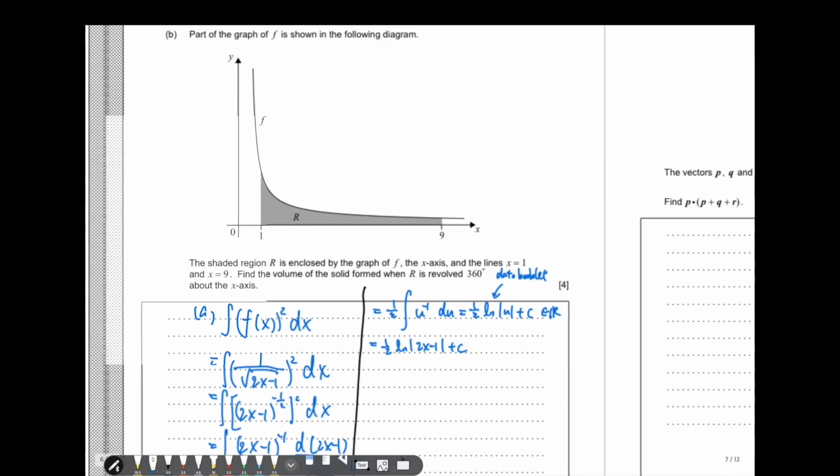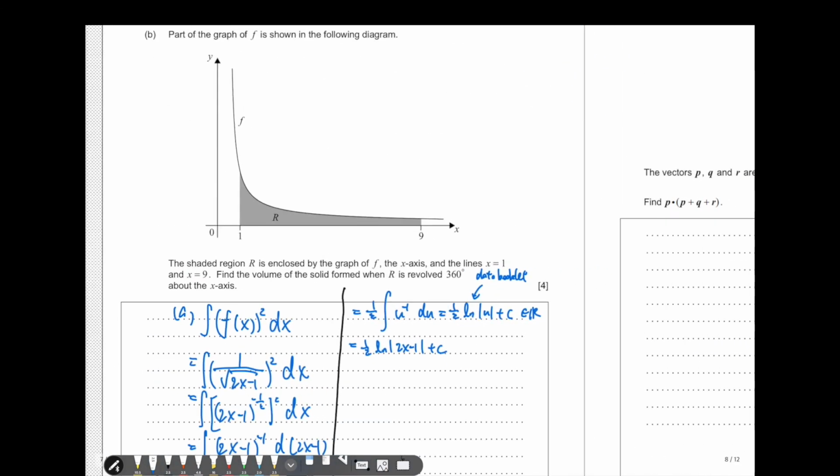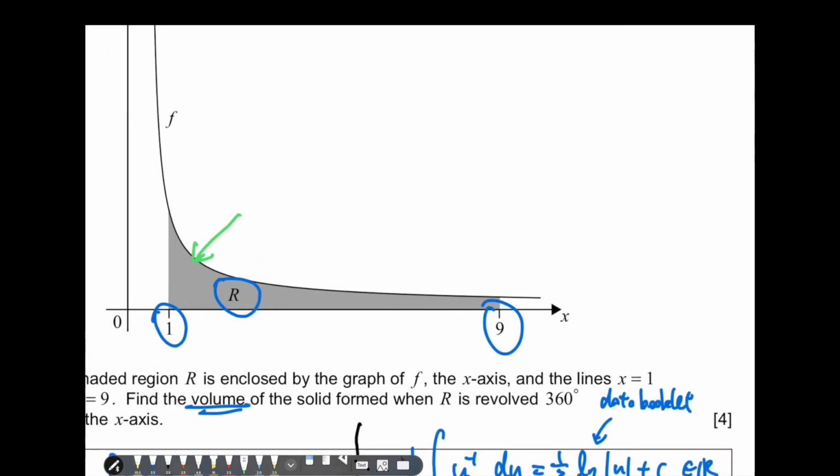Part B is asking that the shaded area called R is enclosed by the graph, with the domain from x equal to 1 to x equal to 9, and we need to find the volume of the solid. How can we think about that? Think about the disk and the radius of the disk.